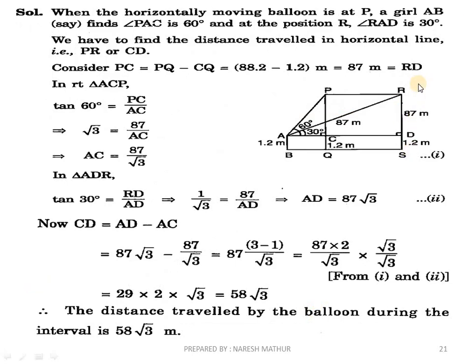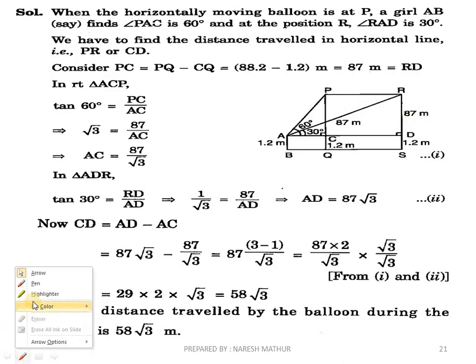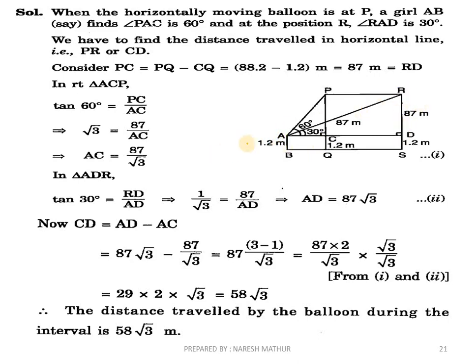So it would be subtracted from 88.2, so the pure height would be 87 meter. Now we have the height of the girl, we have the height of the building, we have the angle of elevations.